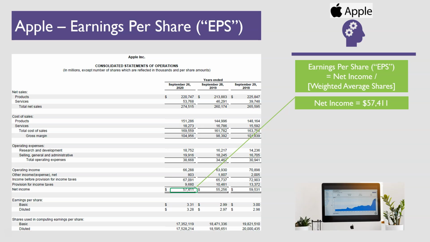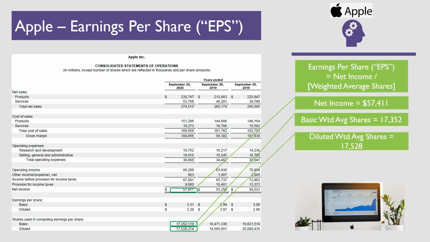For Apple, we had net income for the year of $57.4 billion. We then have basic weighted average shares of 17.3 billion, and then we have the diluted weighted average shares of 17.5 billion.